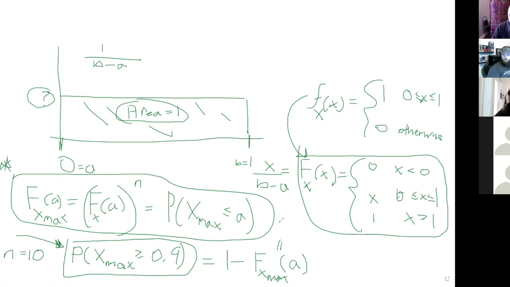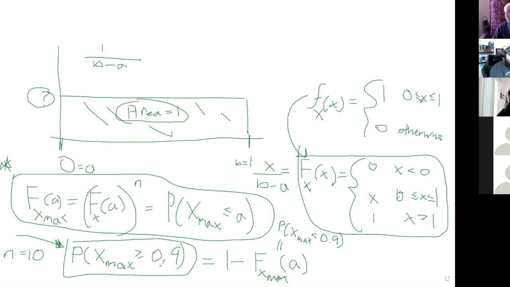Exactly. And the probability for x less than 0.9 will be x, right? Yes, we've got a formula for this one over here. That's right. So just to fill in the detail, what we're going to calculate is the probability that x max is less than 0.9 and subtract that from 1.